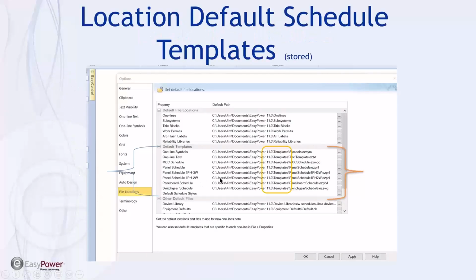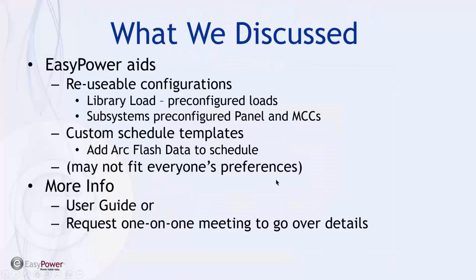And again, just install it in the templates folder. So again, whether it's useful or not, we've discussed the pre-configured capabilities of EasyPower, custom schedule templates. You're welcome to customize your own version if you have needs outside of just the ArcFlash. All this is described in the user's guide.